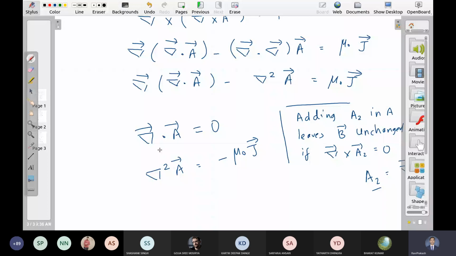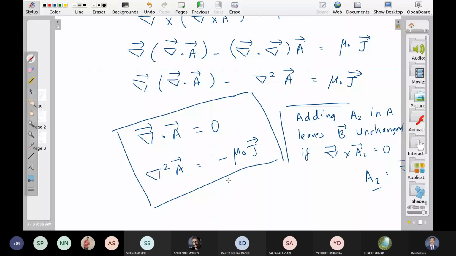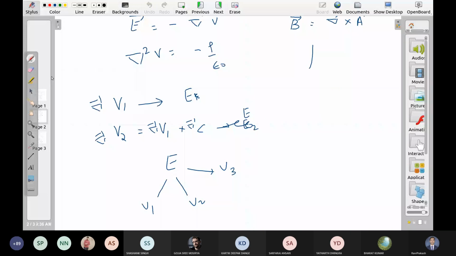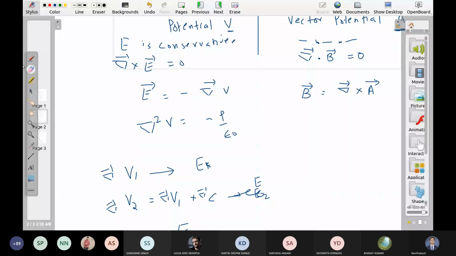Do they look similar? Let me write here, then it will be clear to you. Do you see any similarity in them?